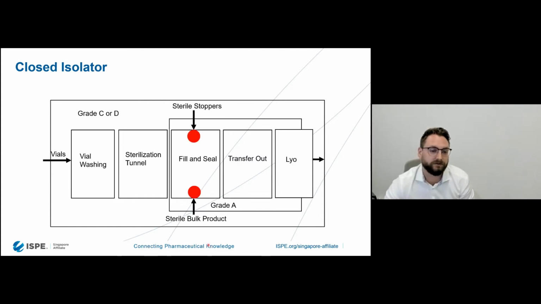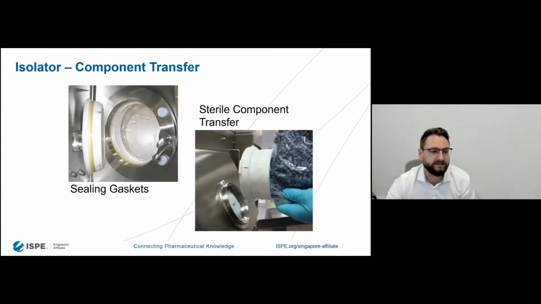So for sterile stoppers and sterile bulk product, a common technique for passing these items into the enclosure, whether it's RABS or isolator at this stage, is using an RTP, a rapid transfer port. So we'll look at those in a little more detail. You can see you can transfer almost anything into an isolator with an RTP: plungers, stoppers, caps.